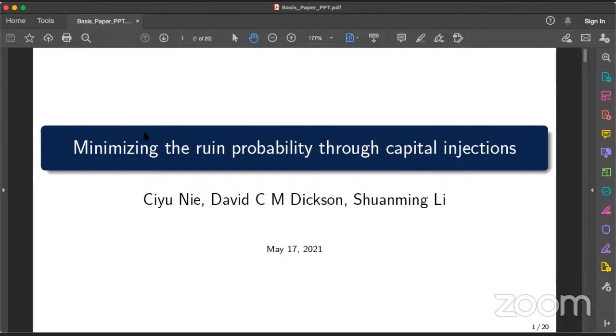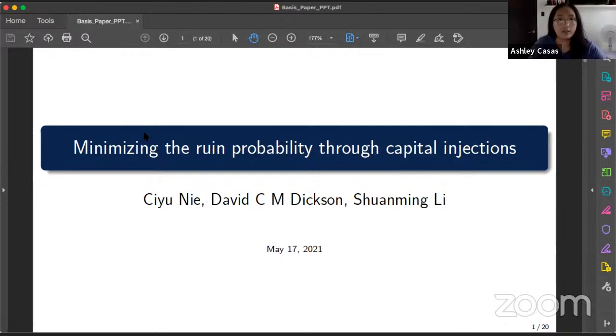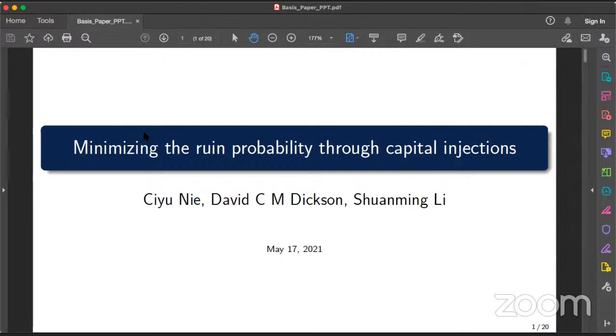The aim of their study was to investigate whether the insurer can reduce this ruin probability by splitting U into two parts.